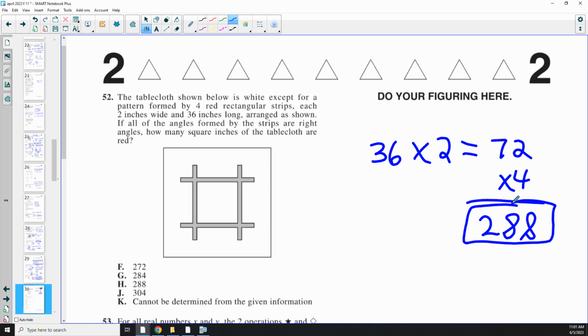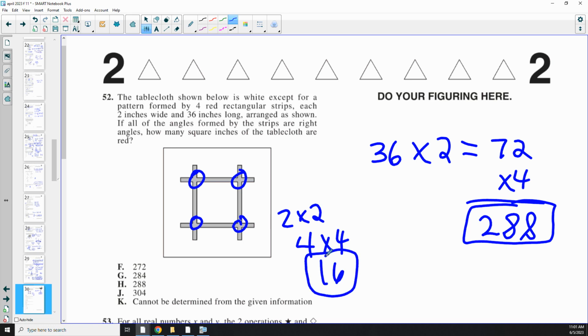So who are these overlapped divisions? They are right here as the 4 squares. So each square is 2 times 2, 4, and I've got 4 of them. So this has an overcount of 16. So when I do the area, I have to subtract the overcount to get 272, choice F.